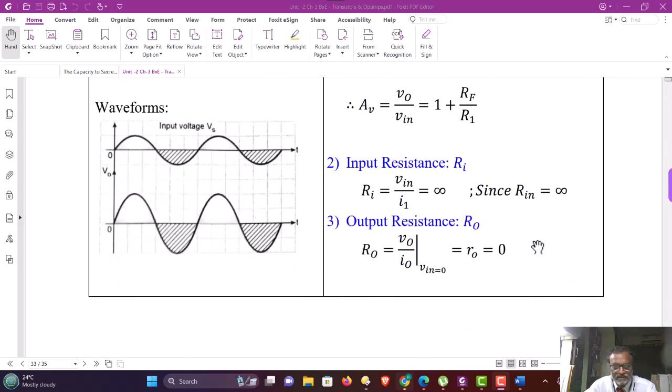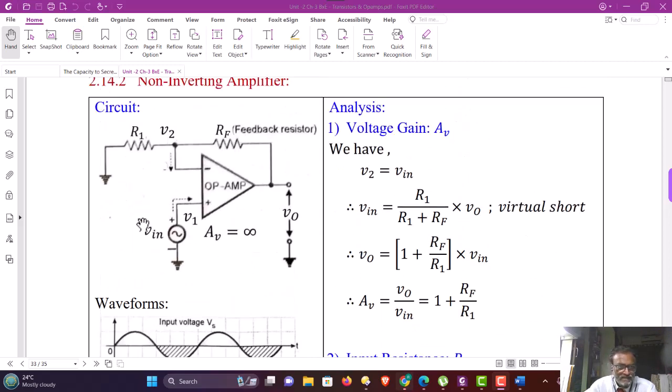The second parameter is input resistance. As usual, it is defined as the ratio of input voltage to input current. Now the input is applied to the non-inverting terminal. Since the op-amp has very high input resistance between the inverting and non-inverting terminals, ideally no current flows through the input terminal of the op-amp.